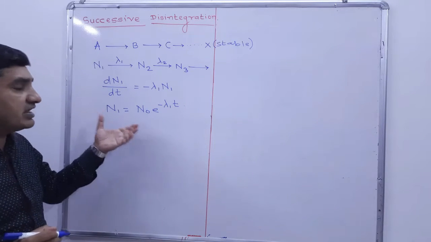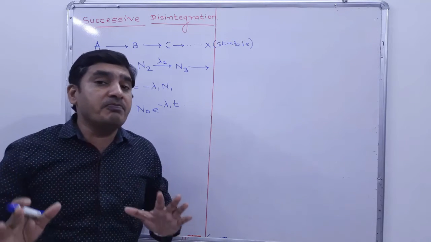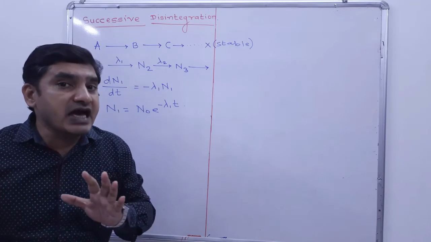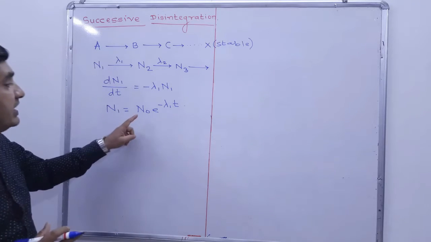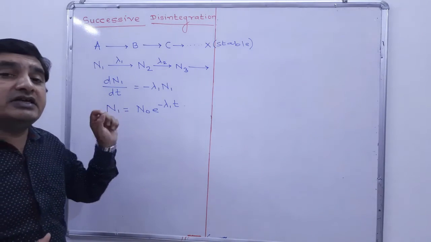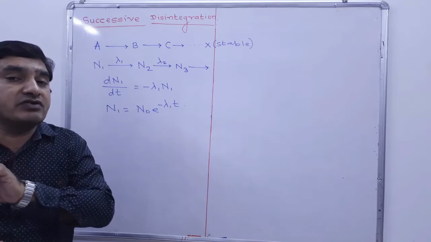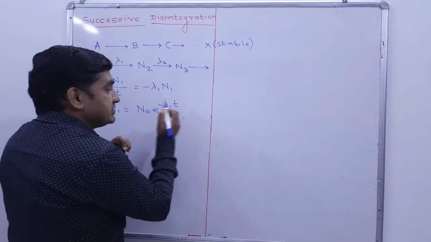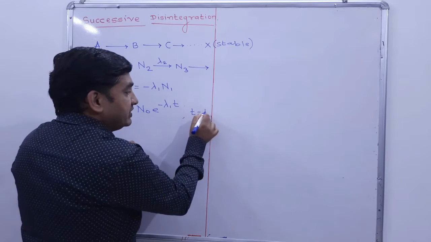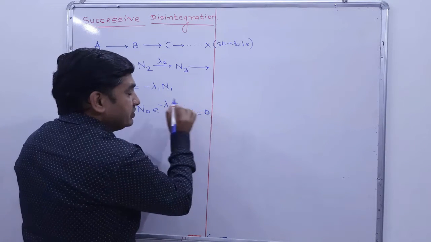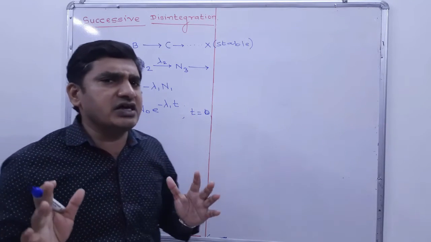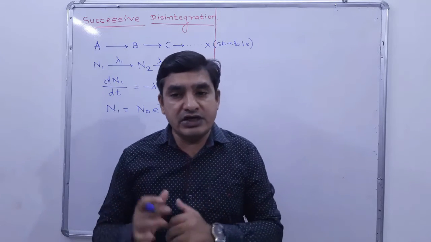This represents the number of parent atoms. N0 is the number of radioactive nuclei when time t is equal to 0, or the original radioactive nuclei.